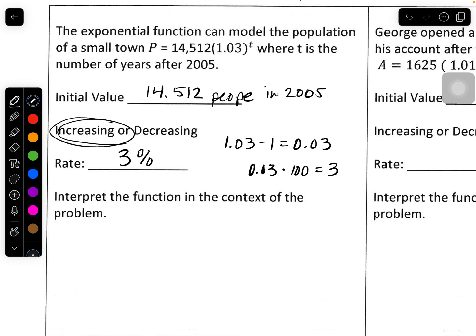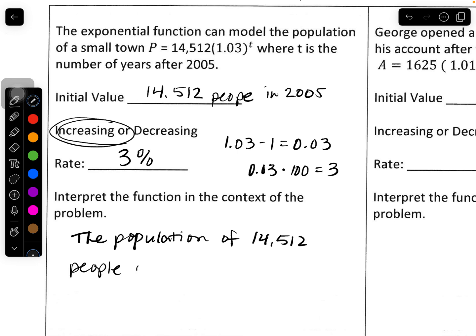And what this means is that this population is increasing 3% every year. Okay, so we're going to say the population of 14,512 people is increasing by 3% each year.